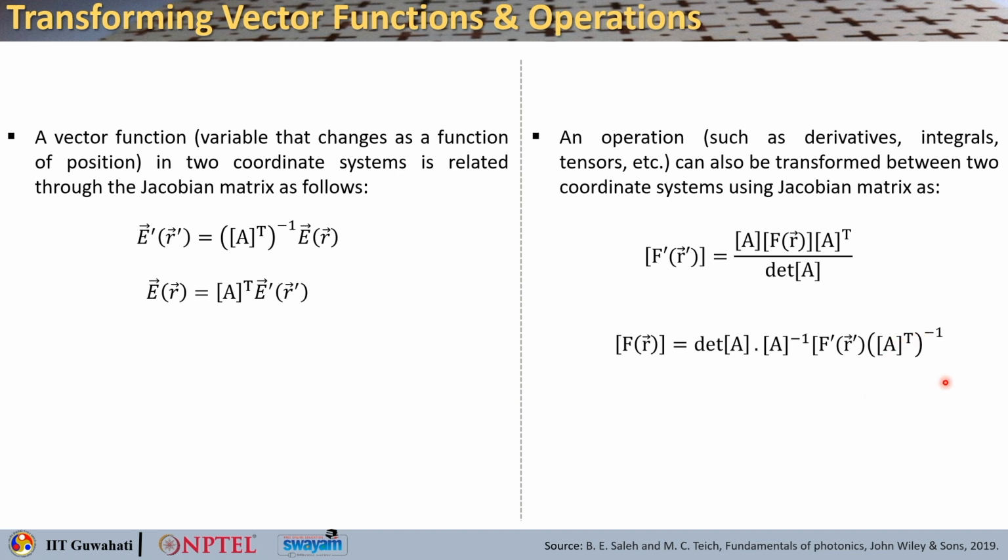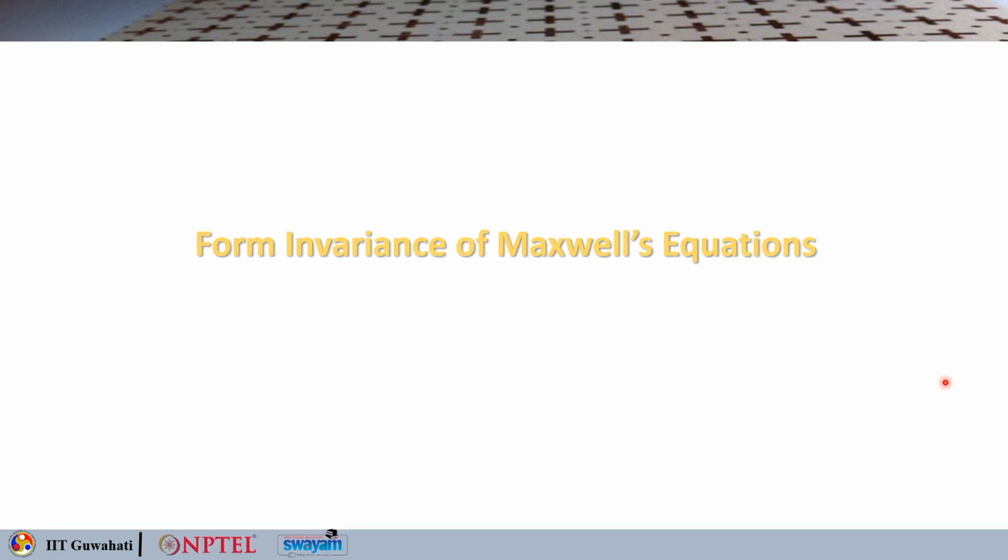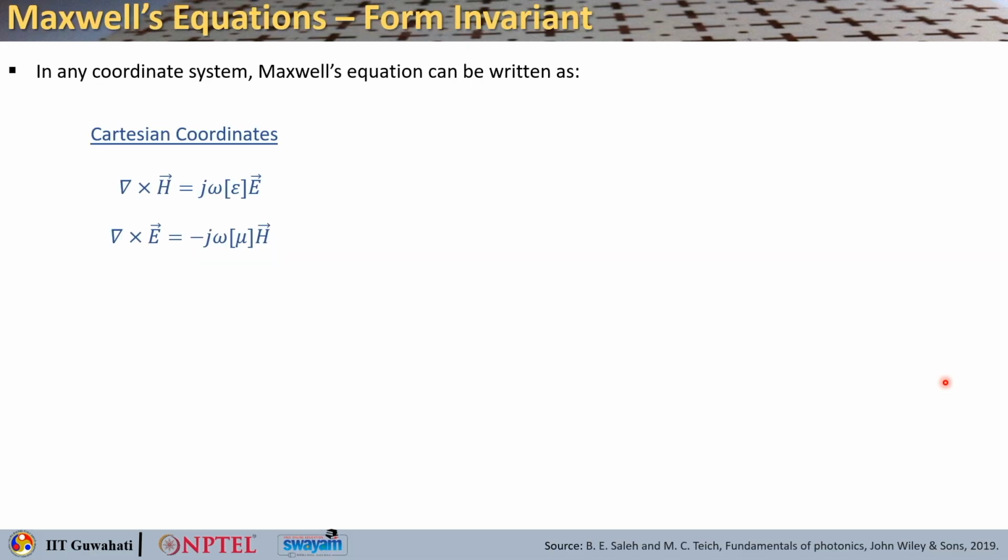So what I am showing here is that using the Jacobian matrix you can transfer or convert the vector function or any operation between the two coordinate systems, and that is possible because of the form invariance of Maxwell's equation. So if you write Maxwell's equation in any coordinate system, that basically looks like this.